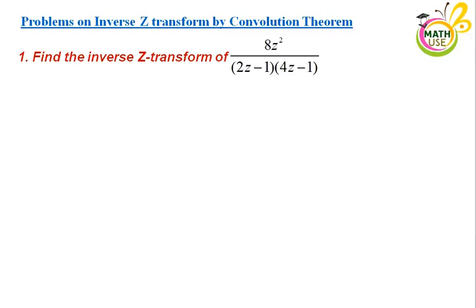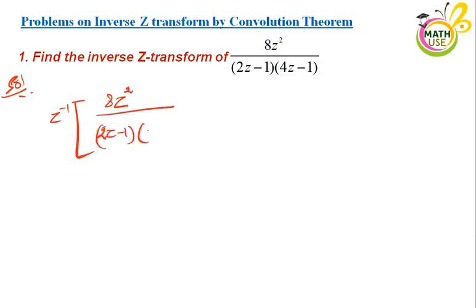The first question is: find the inverse Z transform by using the convolution theorem of the function 8Z square divided by (2Z minus 1) into (4Z minus 1). So consider the problem. 8Z square divided by (2Z minus 1) into (4Z minus 1).